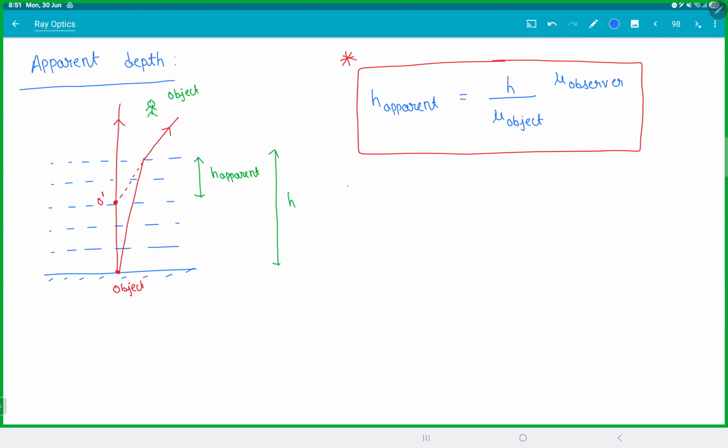Again, a few precautions here. This is valid only if the line joining object and observer is perpendicular to the interface. Basically, the rays will be paraxial.